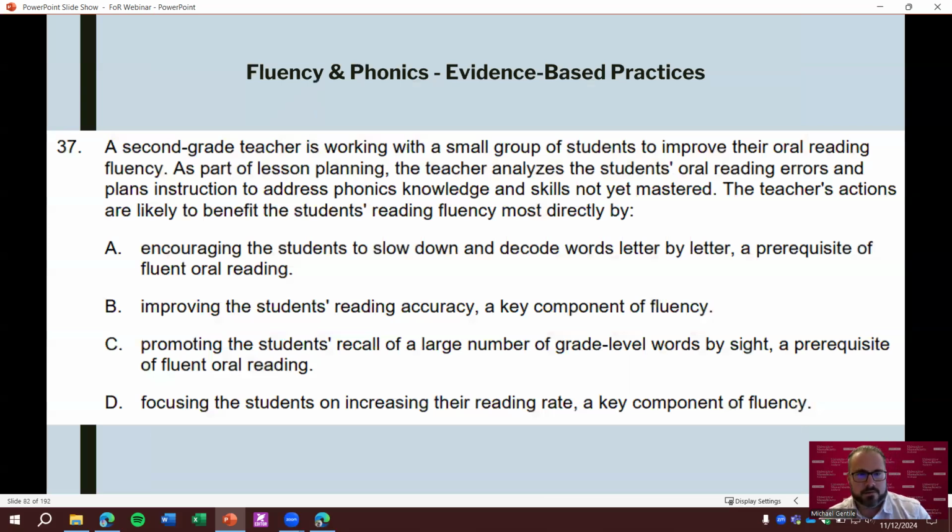Let's do some questions. Okay, pause here for question 37. The correct response is B, improving the student's reading accuracy, a key component of fluency, right? So here we have a second grade teacher, and she's working with students. She analyzes the errors, just like in that method that I showed you.